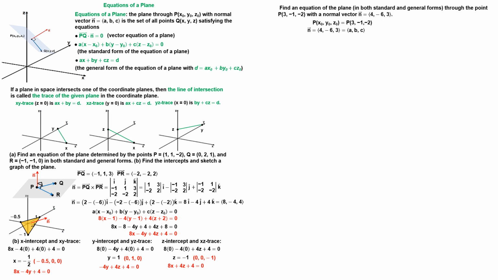So, if we put these values into the standard form of the equation of a plane, we obtain, after multiplying out the terms and simplifying, the general form of the equation of the plane.